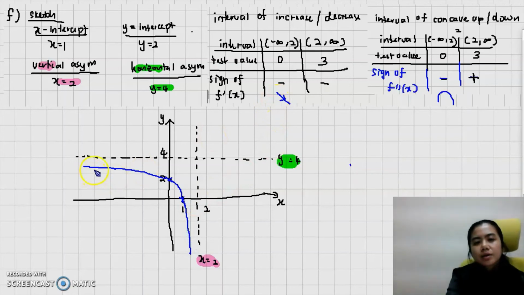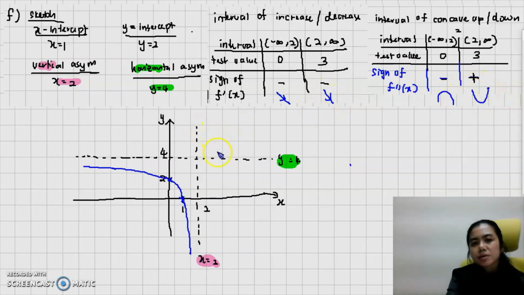Okay, so you are decreasing and concave down. And the next is actually the same. Here we have a decreasing function, and this is a concave up function. Decreasing and concave up.